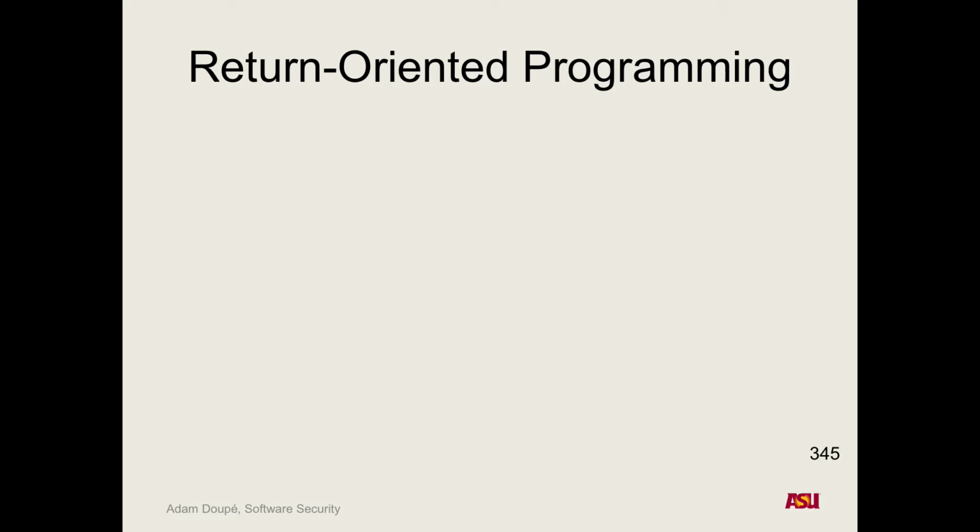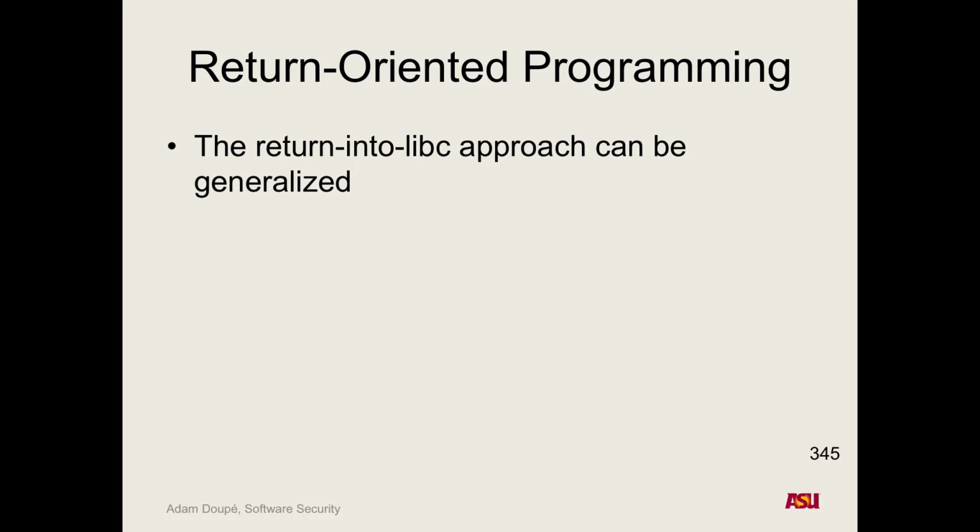So the code of the application itself is not randomized, but that seems like it doesn't help us because the code of the application doesn't call system or call execve with whatever arguments we want, right? But it turns out we can completely generalize this approach and we can use little, what we'll call gadgets, that do one thing and then return.